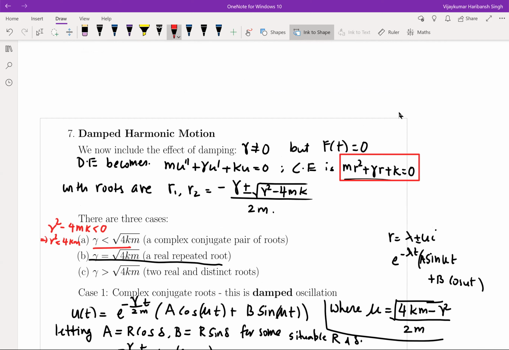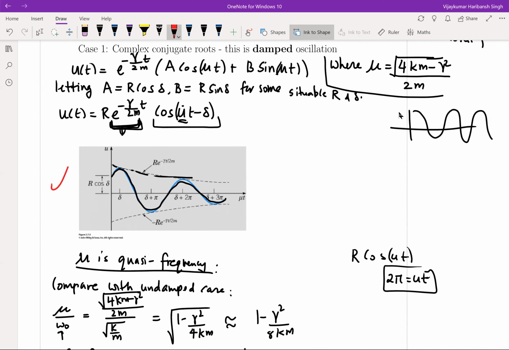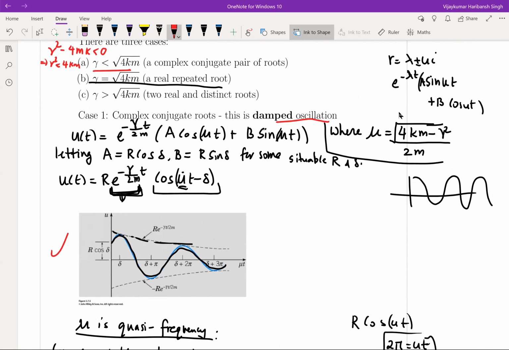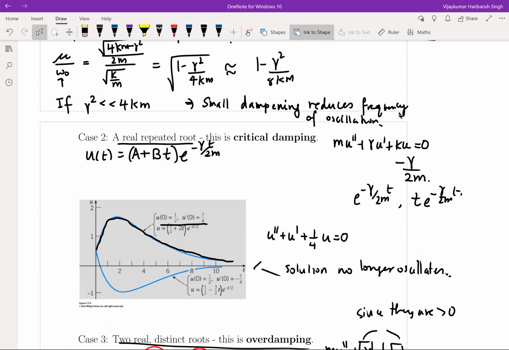In that case, if gamma squared was less than 4km, you had complex conjugate roots, and that led to damping happening, but with an oscillation. So this is a damped oscillation. Why? Because the oscillation is happening, but it's getting damped. Damped in some sense means to get reduced. Then if both the roots of the characteristic equation were the same, you got u of t to be the following, which is the case where there's one oscillation, but then it goes down.